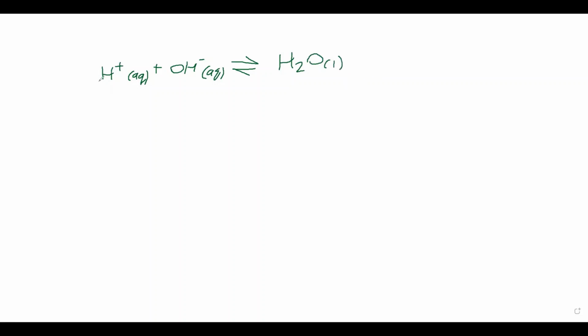Now, our counterparts to the H+ and the OH-, so for example, if we were reacting HCl and we were reacting sodium hydroxide, our Cl- and our Na+ go on to form NaCl.